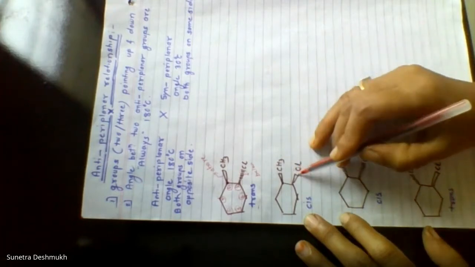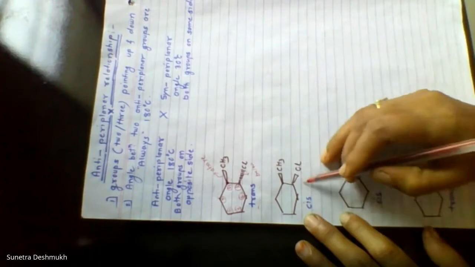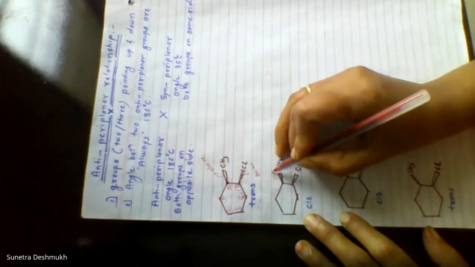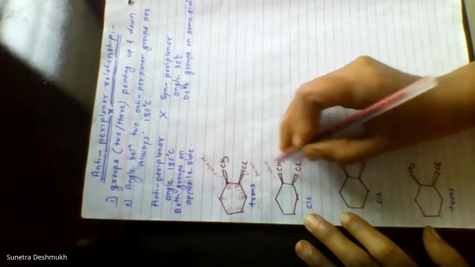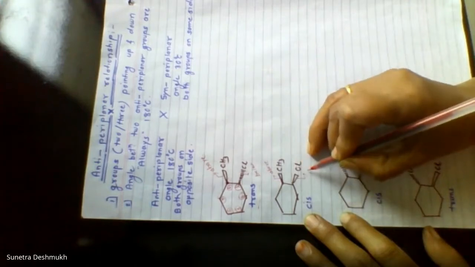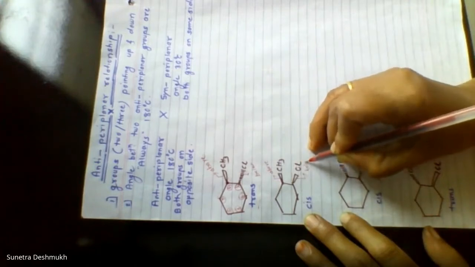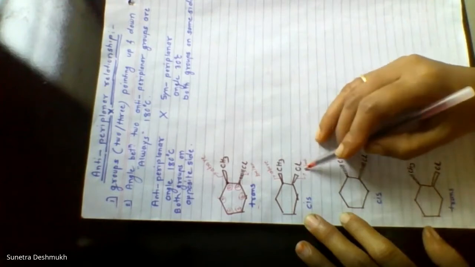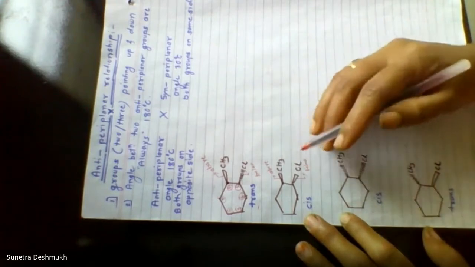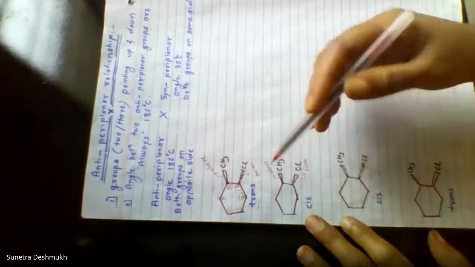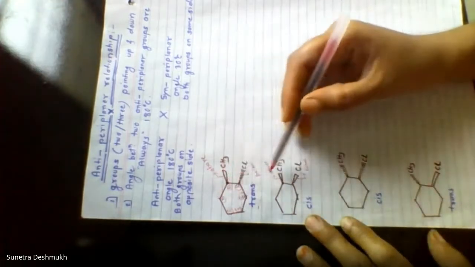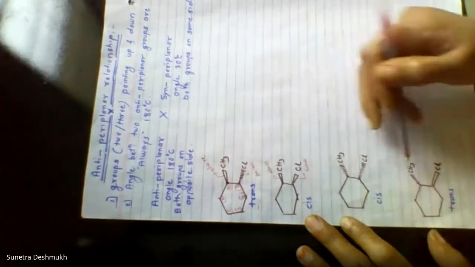This is the cis conformer, in which both groups are present above the plane. Just pay attention to how we study the stereochemistry of the cyclohexane system. You must be able to draw each and every conformation. If you take one example, you can go for all possible stereochemistry of the same compound.